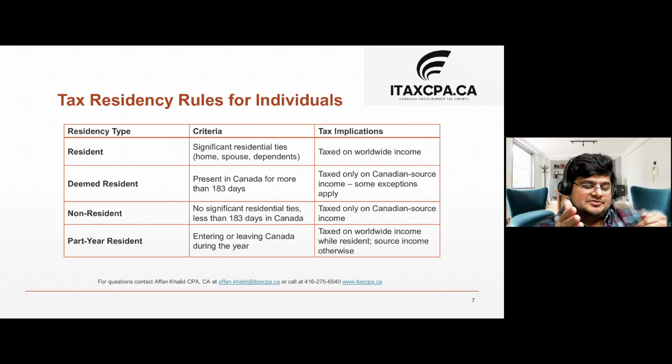They will be subject to tax on their worldwide income for the 2 months from November to December 2024. Any income they earned in the previous months before becoming a Canadian permanent resident will be exempt from Canadian tax. So when you leave Canada or enter Canada, you are only taxed on your worldwide income in Canada while you are a resident.